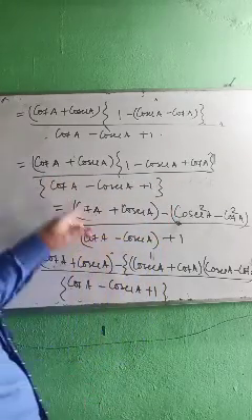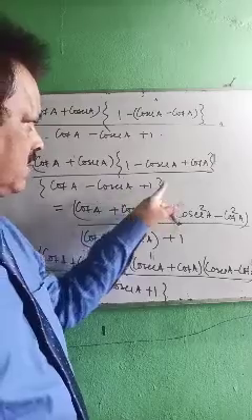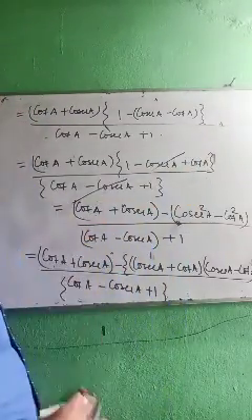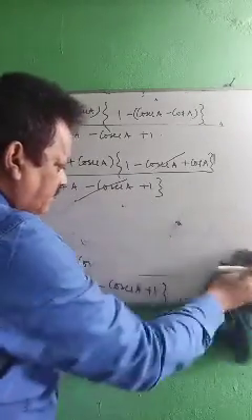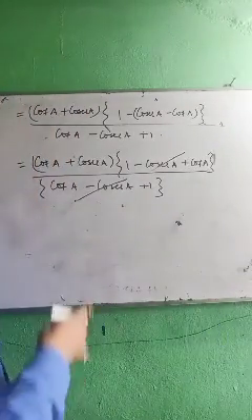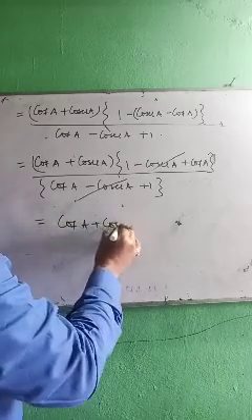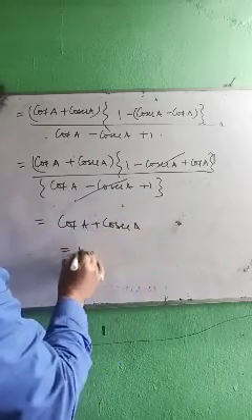Look, cot A minus cosec A plus 1 and cot A minus cosec A plus 1 are the same, so it is cancelled. So what is left out? The left out part is cot A plus cosec A, proved, which is the right hand side.